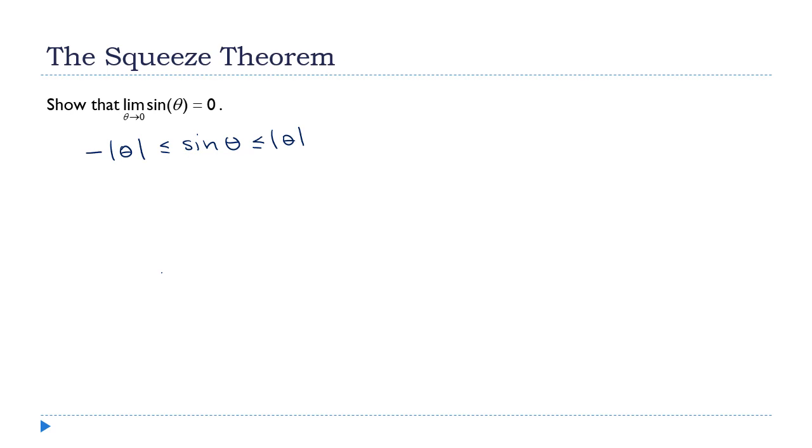Okay, this is true when theta is small. And I'm okay with it being small because I really only care what the functions are doing in a neighborhood of 0.